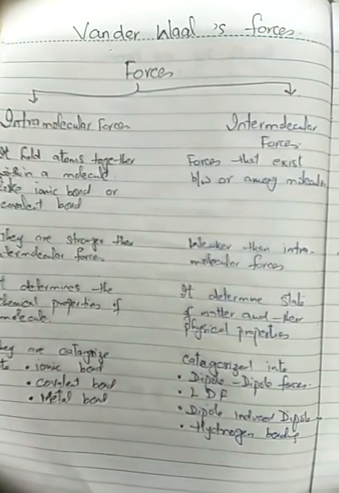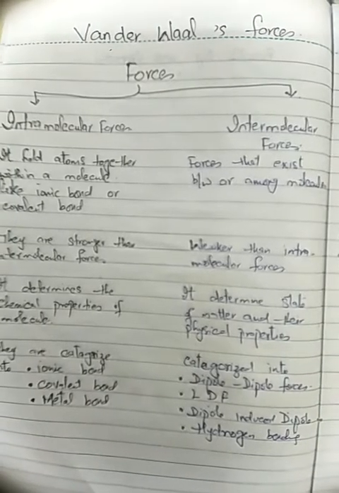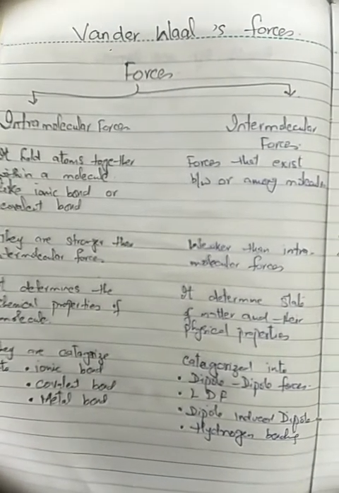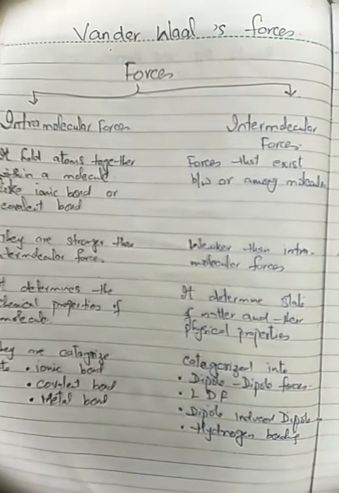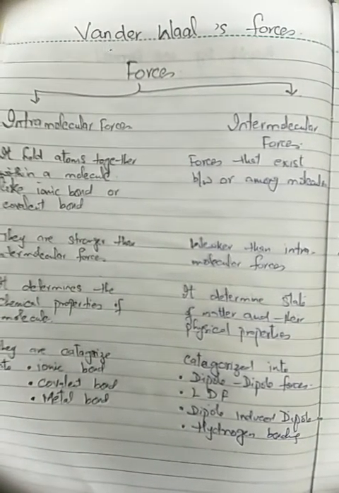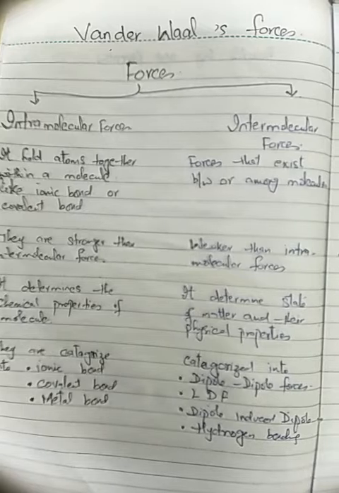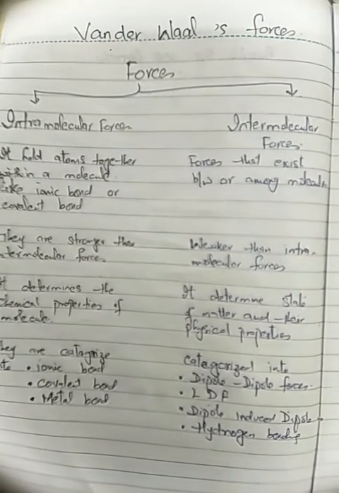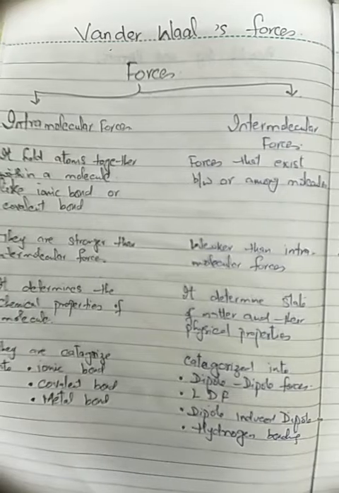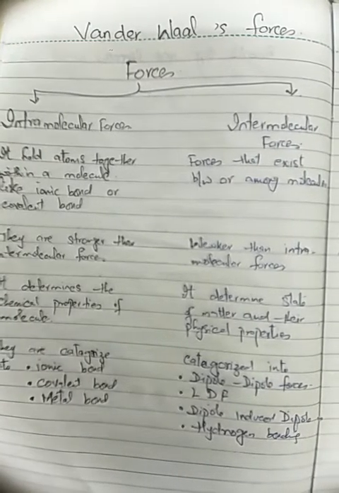Intramolecular forces basically create a molecule, that is, atoms are held together to form a molecule. Atoms that react together to form a molecule join together with a force known as the intramolecular force.